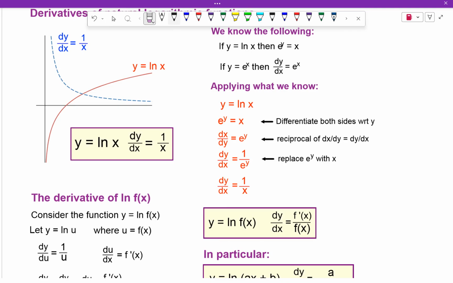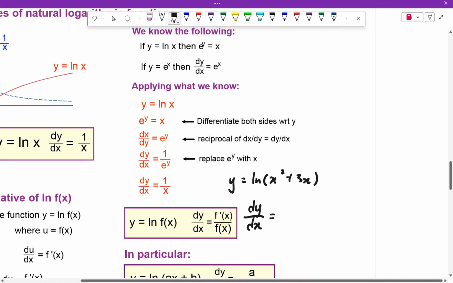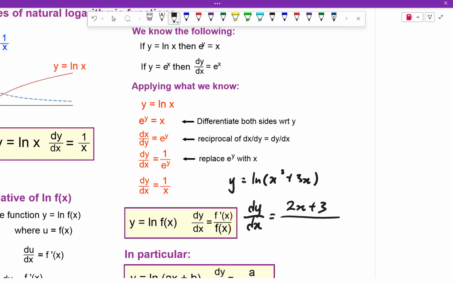What I mean is, for example, y equals ln of x squared plus 3x. So dy over dx equals the differentiation of the bracket, which is 2x plus 3, and I put it at the top, and whatever is remaining, x squared plus 3x, goes at the bottom. Done.